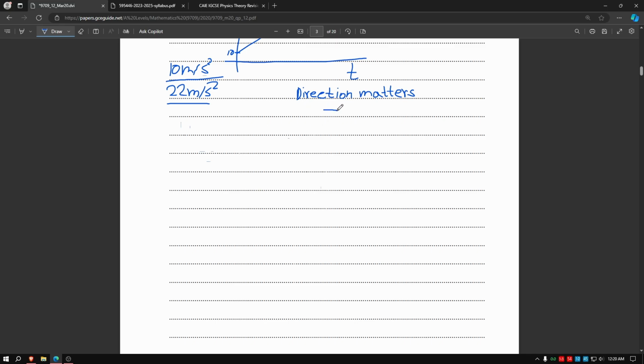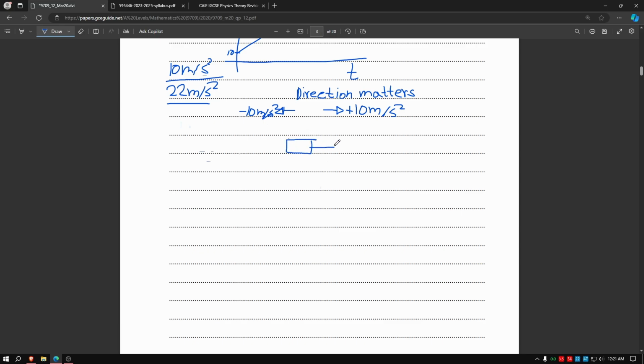If you're accelerating towards the right, we take that as positive, positive 10 meters per second squared. If you're going in the leftwards direction, this will be negative 10 meters per second squared acceleration, but negative.